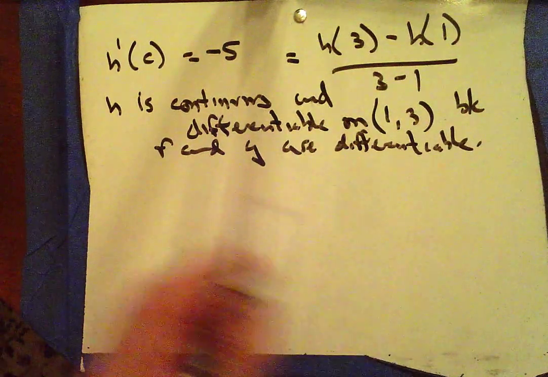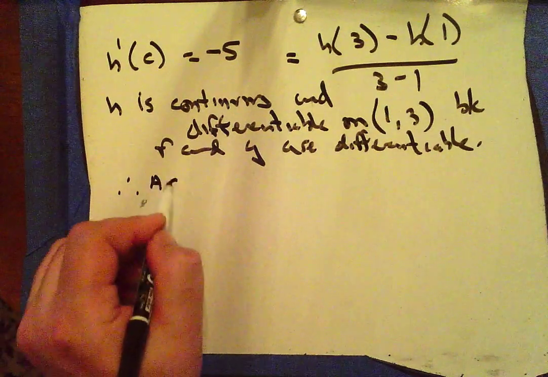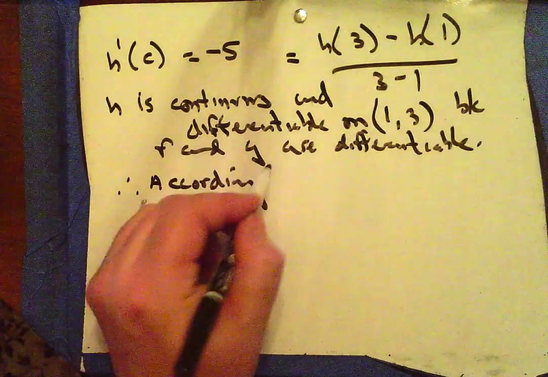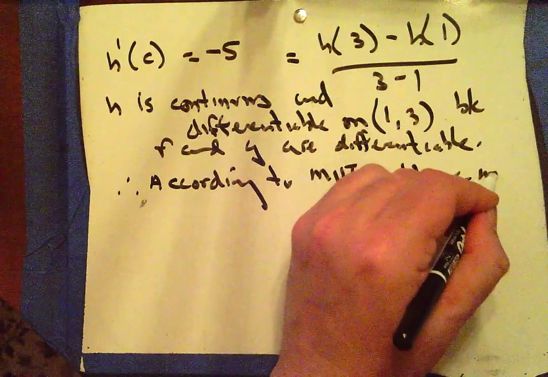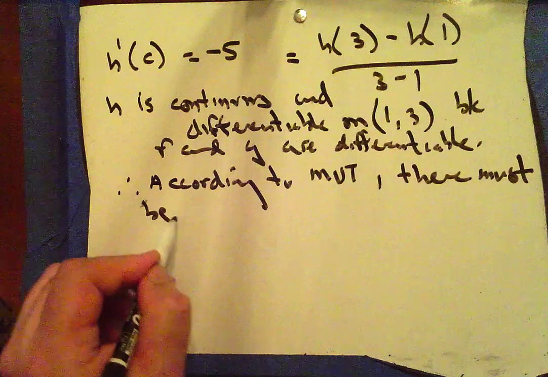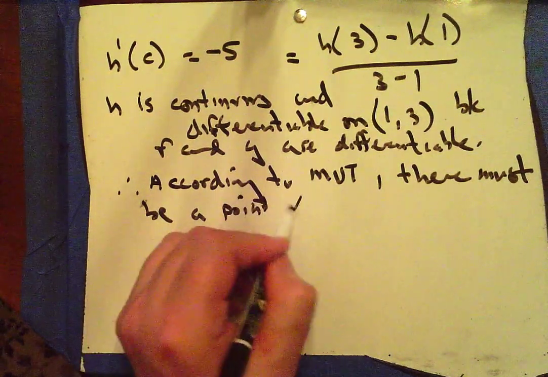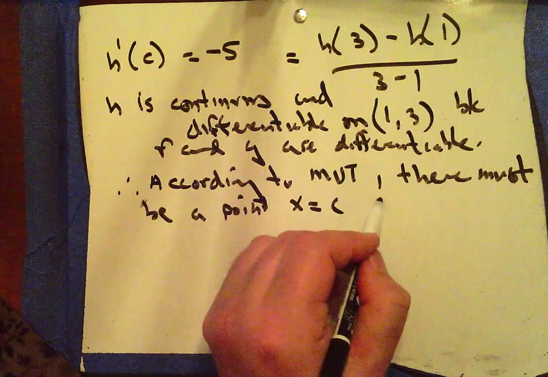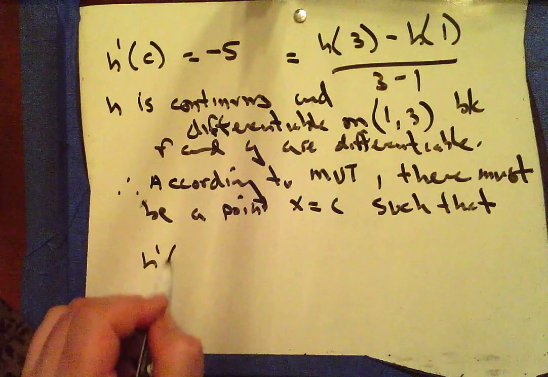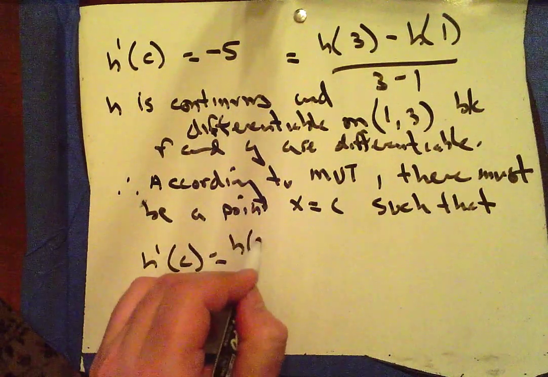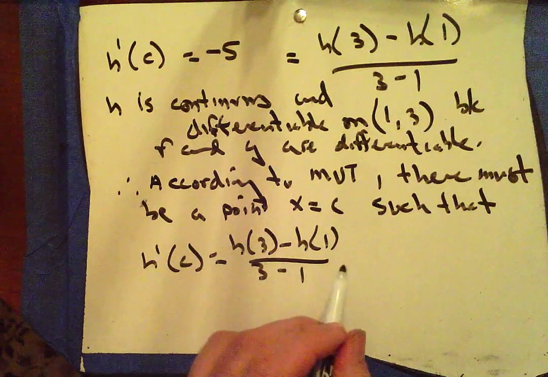Okay, so that being said, therefore, according to MVT, there must be a point x equals c such that h prime of c equals h of 3 minus h of 1 over 3 minus 1.